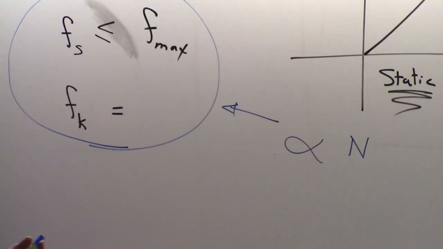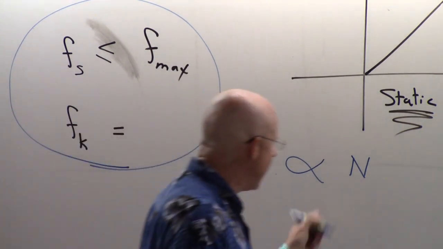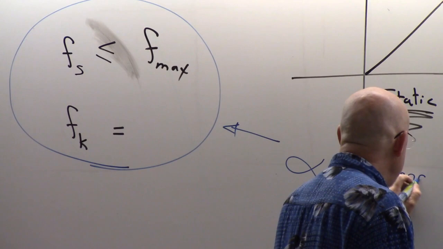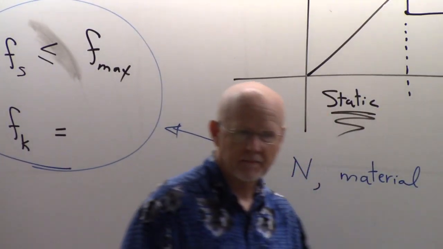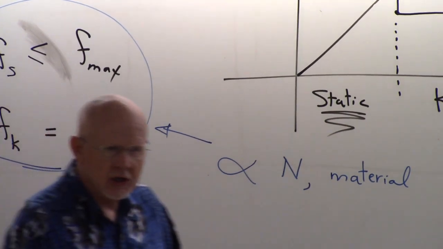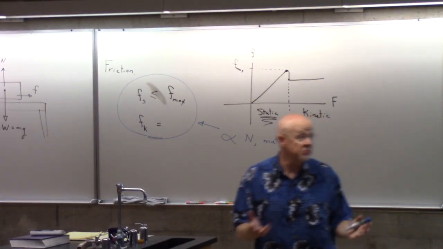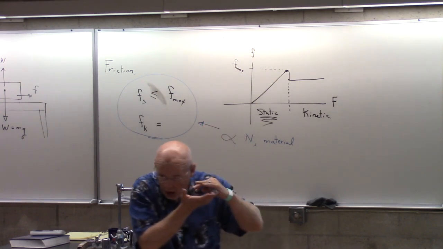Now, I think you could also agree that it would be determined also by what is the material that is between them. You know, is this wood sliding on wood? Is it something smooth, like a polished stainless steel on top of a polished aluminum?